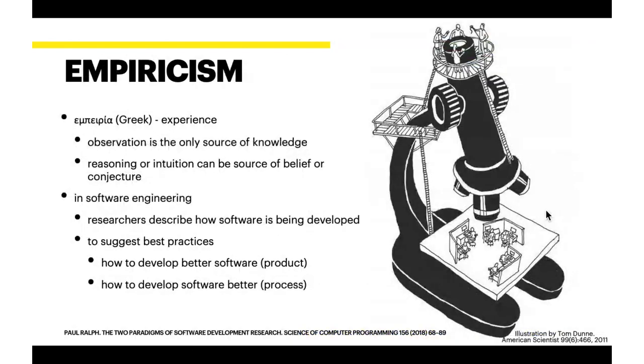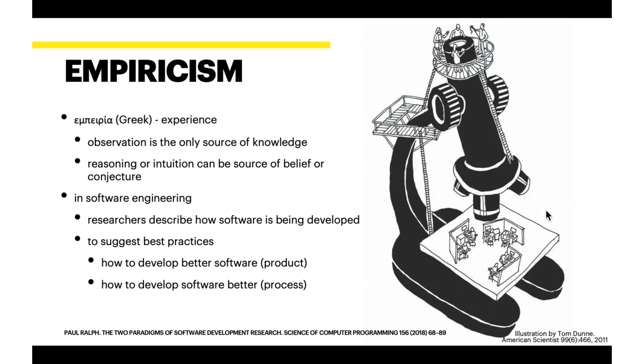So empiricism, as some of you probably know, comes from the Greek word empiria, which means experience. So empirical research assumes that observation is the only definite source of knowledge. Reasoning or intuition can be source of belief or can be source of conjecture, but those beliefs and conjectures should be verified by a follow-up empirical study, by a follow-up observation.